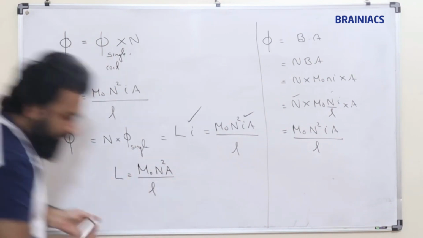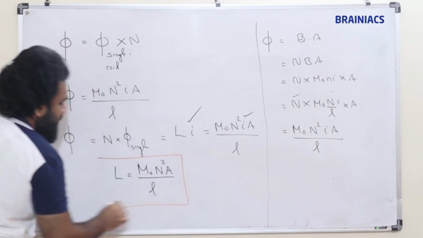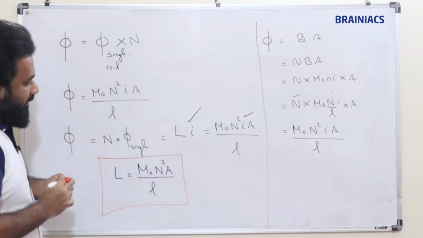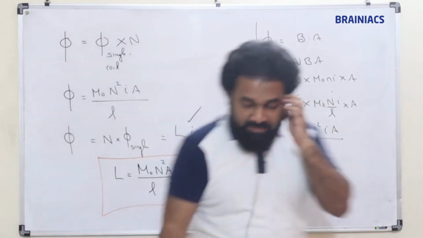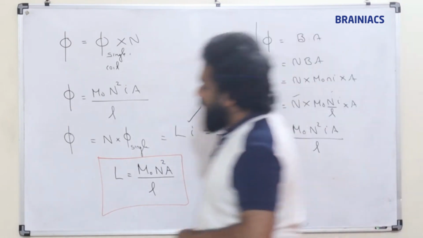So this is the formula for inductance of a solenoid. Please note it down. Clear? Pause the screen and note it down.